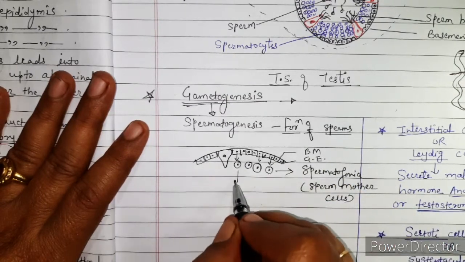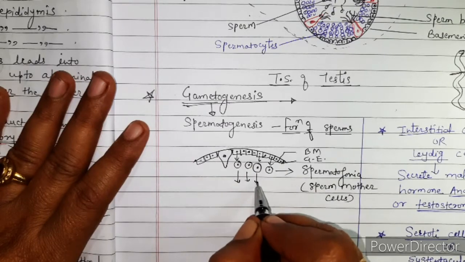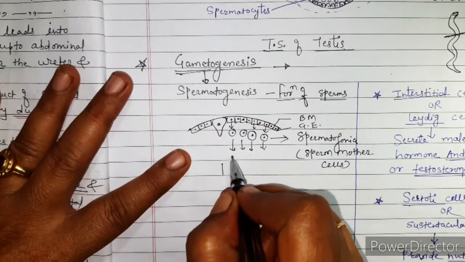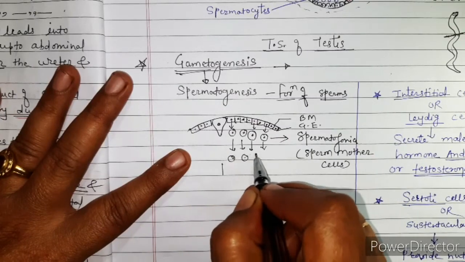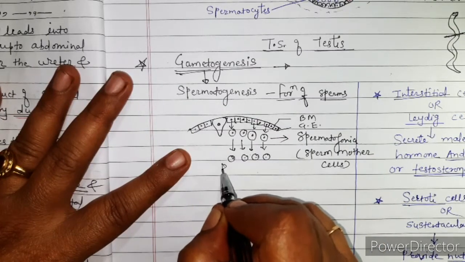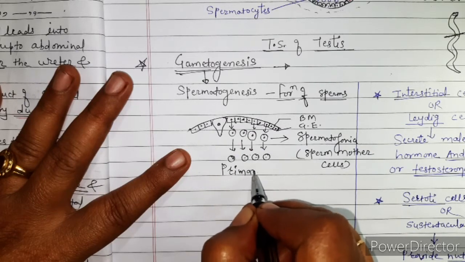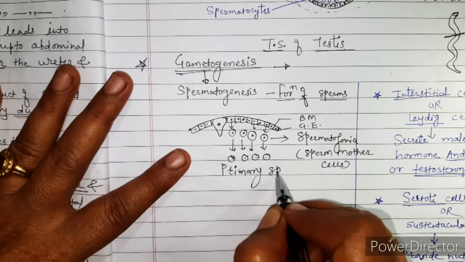Now this spermatogonia develops into primary spermatocytes.